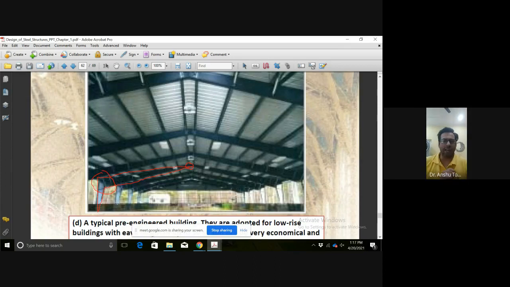Similar to the frame structure where the beam column joint has the maximum importance, because all the load is transferred from slab to beam, beam to beam column joint, beam column joint to column and then column to foundation. Same here, because the load is going to increase from here onwards. If I draw it, it is going to be something like this. I will draw it using a straight line.